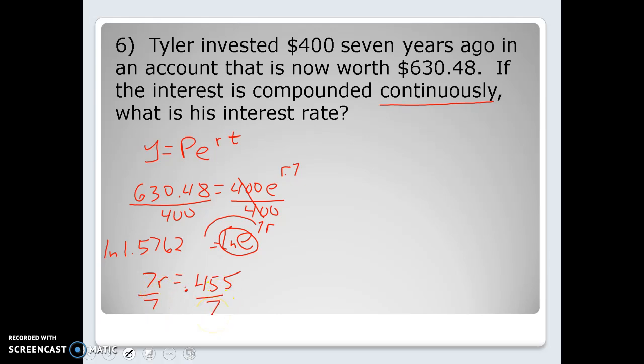And if I take that 0.455 divided by 7, I get 0.065. So the r, or the rate, is 0.065. And that is 6.5% interest. And so that's the interest that Tyler should be getting in order to have his $400 become $630.48 over a period of 7 years.